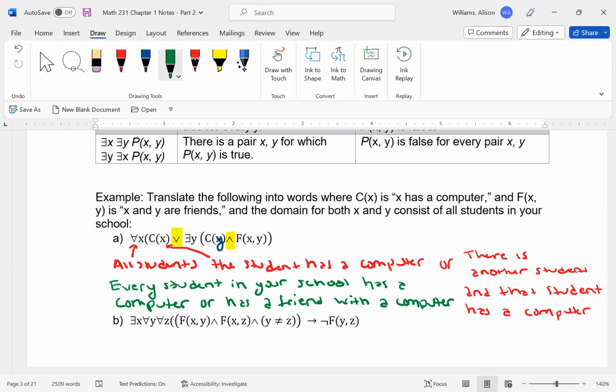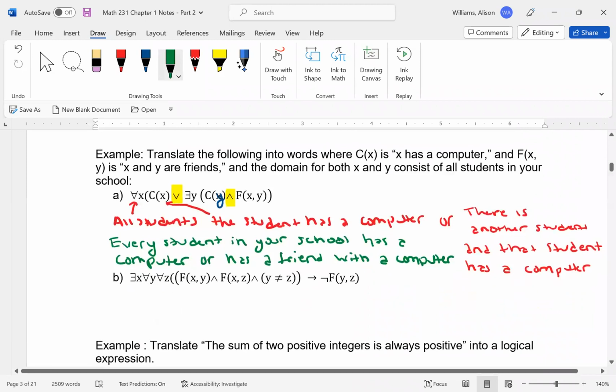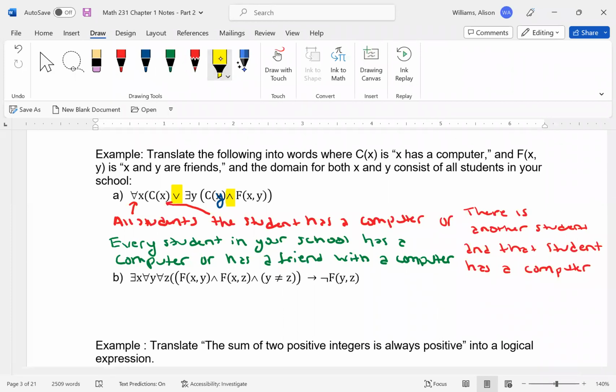Now they want us, using the same labels, to translate this one. So there exists, this first part here is a student. And then for all y, so with this student, there's a bunch of other students, two different types of other students. So there's a student who has a connection to all the other students.